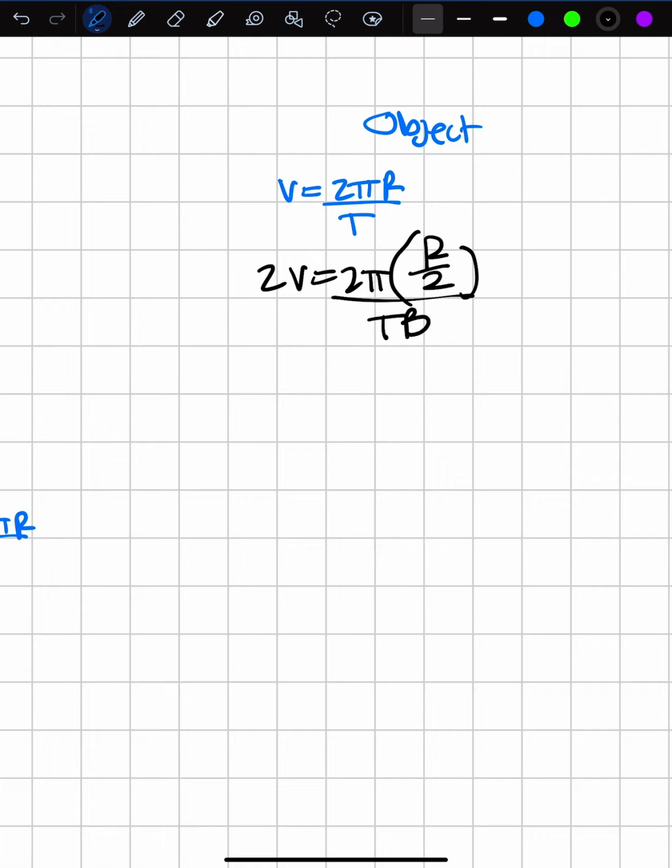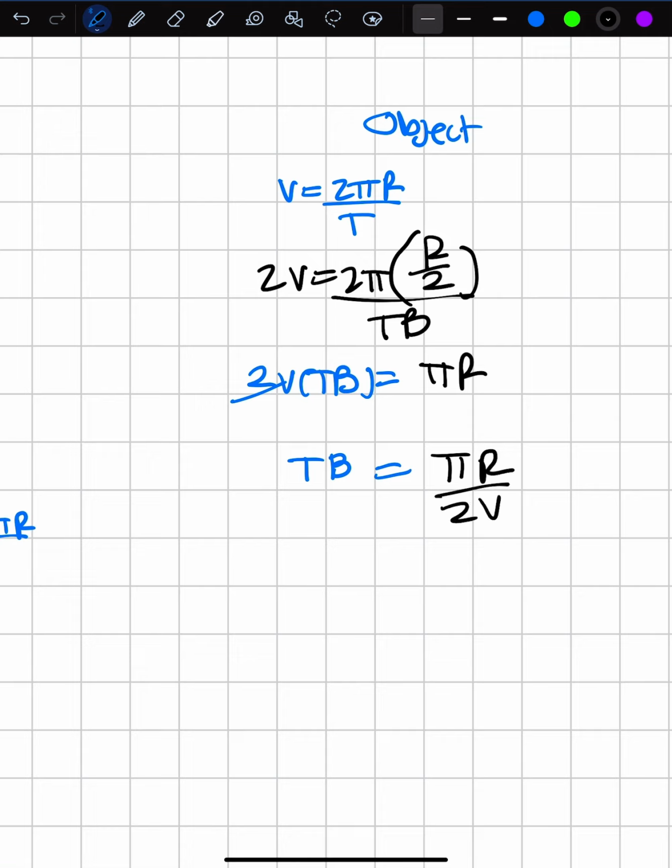We plug that in, cancel out, and move to the other side. We're left with pi r, and then we have to get the speed to the other side. So the time of B is pi r over 2v.